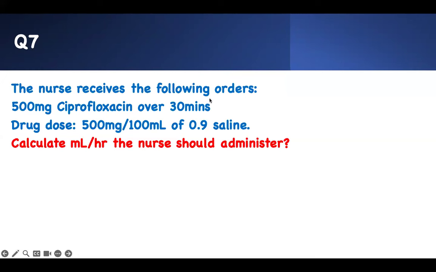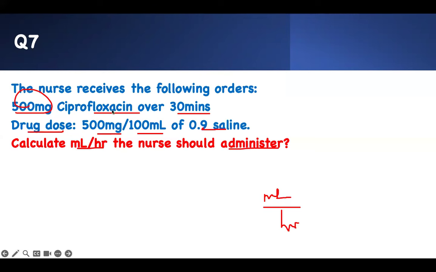Let's receive the following orders: 500 milligrams ciprofloxacin over 30 minutes. The drug comes as 500 milligrams over 100 ml of 0.9 saline. Calculate the ml per hour you administer. When they give you a question like that, we write it into calculations. I want to achieve ml over an hour.